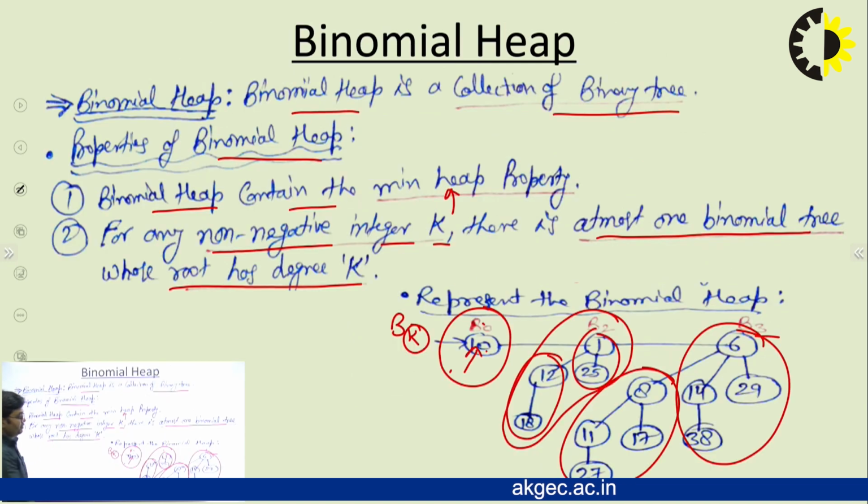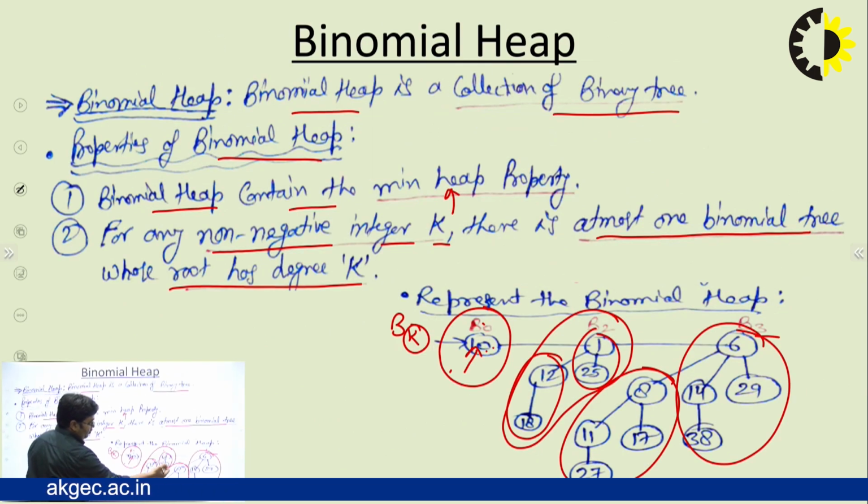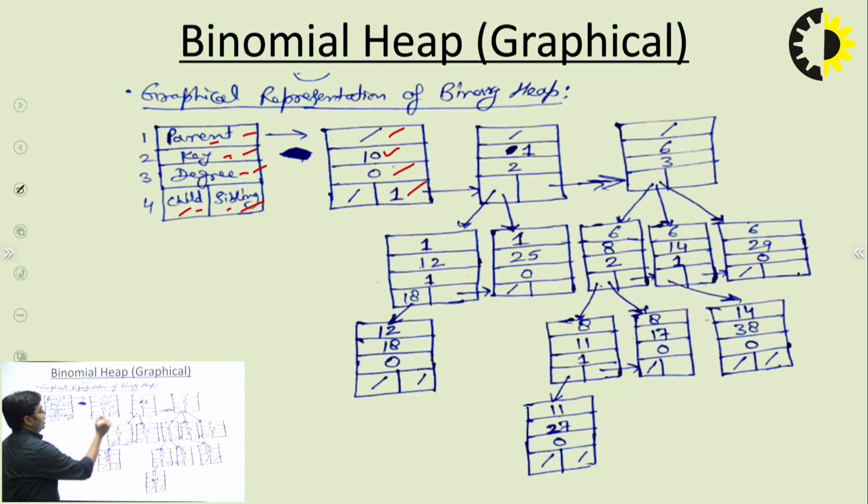This node does not have any child. Coming to the sibling, there is one node at the same level, which is the part of B2, having value 1, which means 1 is the sibling of this node having value 10.